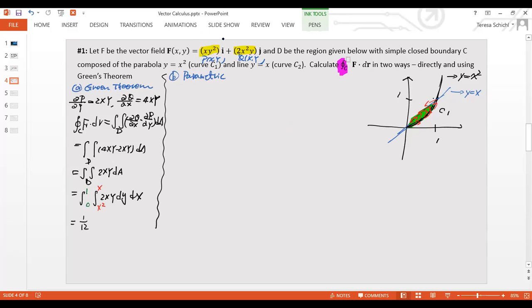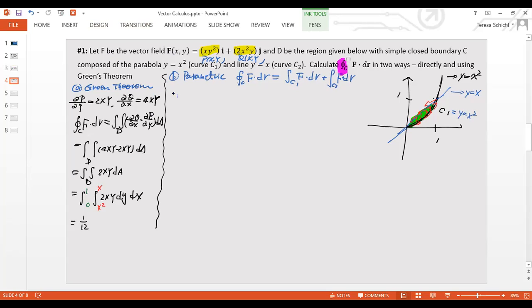Since you are looking for this integral over C of F dR, I need to change that to two paths: the integral over C1 of F dR plus the integral over C2 of F dR. Because I have two paths here, C1 is this one, C1 is y equal to x squared.